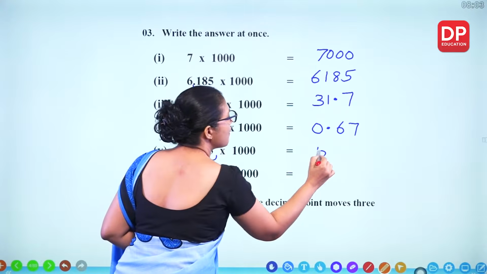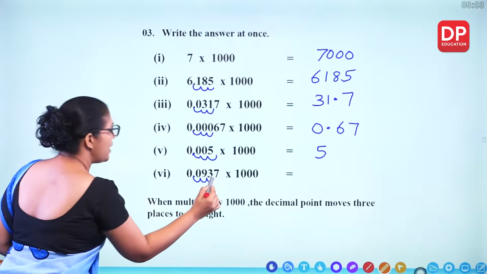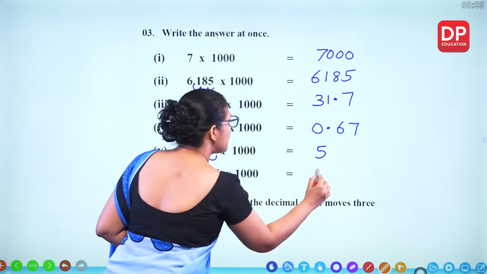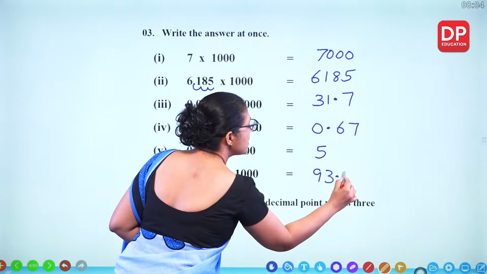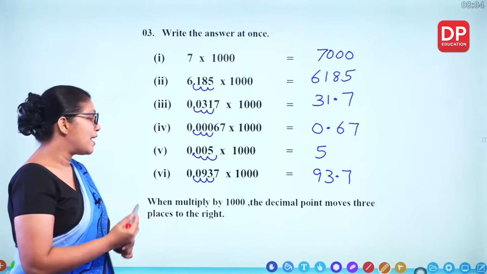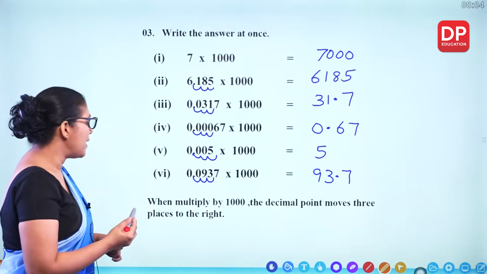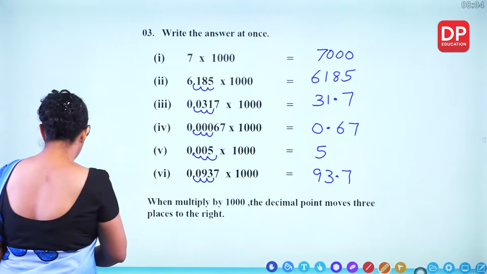So you get 5. This one, 1, 2, 3. You get 93.7. So remember, when you are multiplying by 1000, the decimal point moves 3 places to the right.